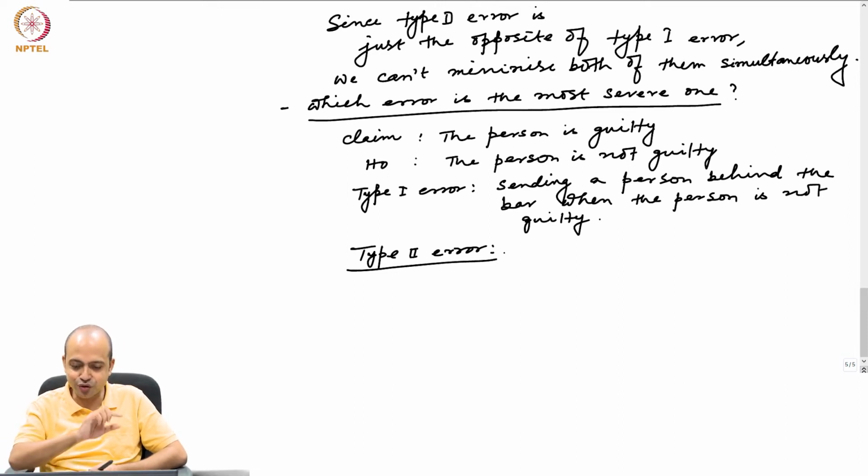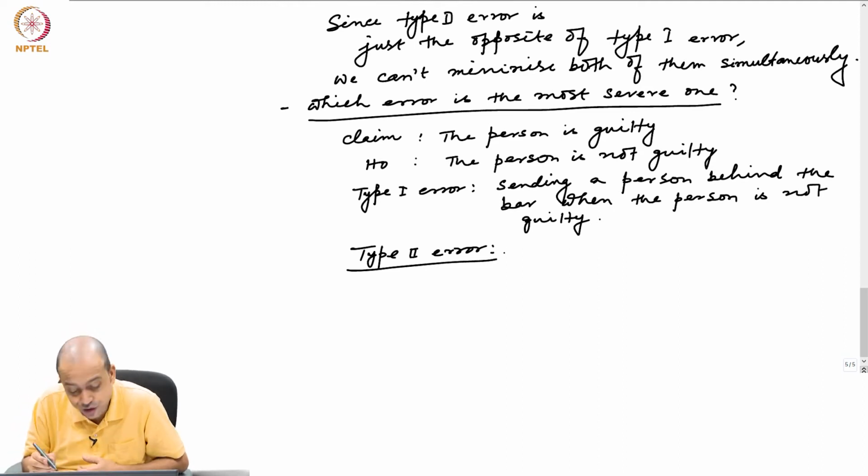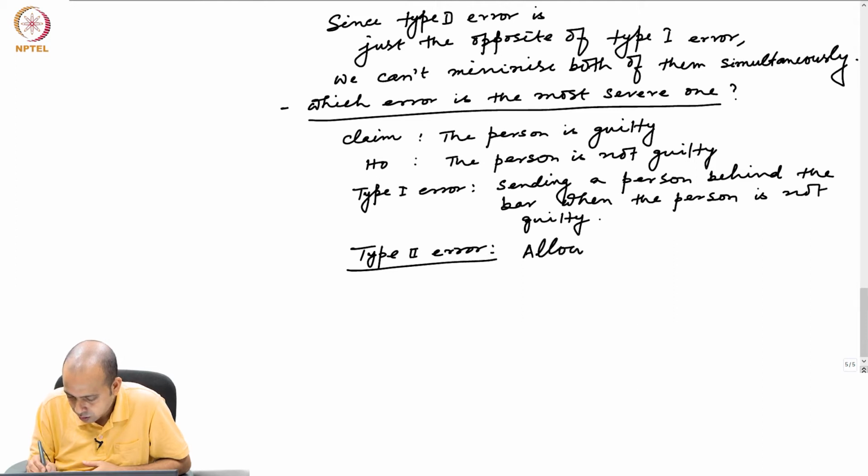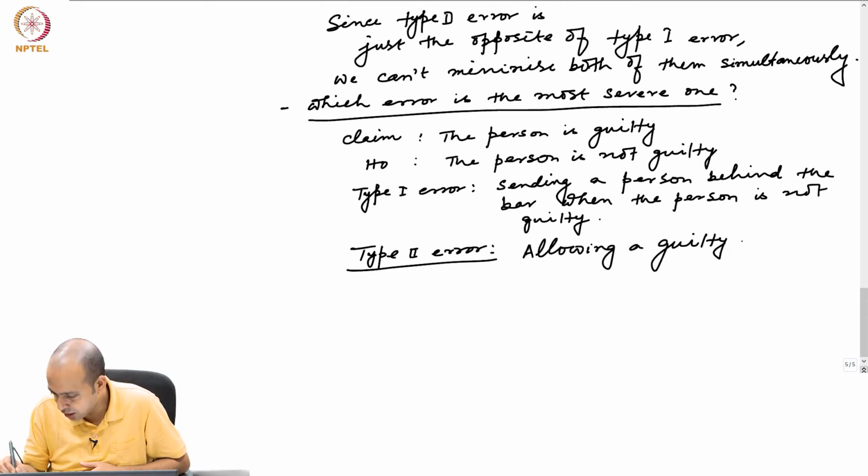What is true then? The person is guilty, but you are not rejecting it. So, what is type 2 error then? Allowing a guilty person to go free.